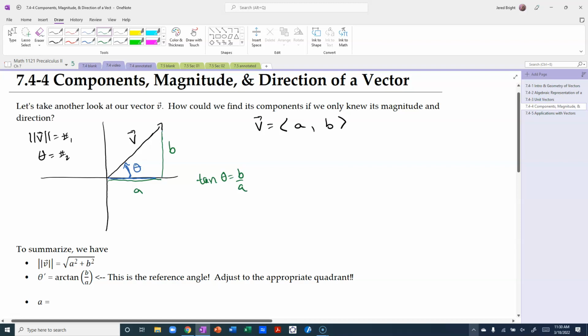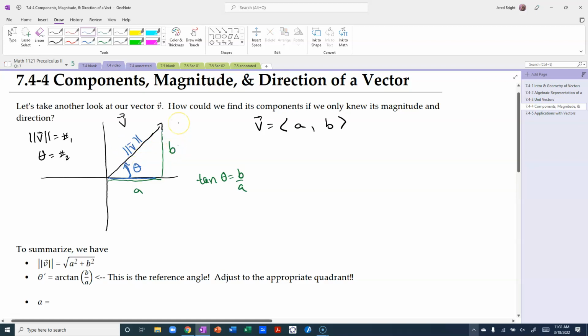But is there something else that's useful? I also know that the vector is magnitude of v in length, and I'm just going to move the v there. So if I wanted to find b, I know the hypotenuse and I know the angle.